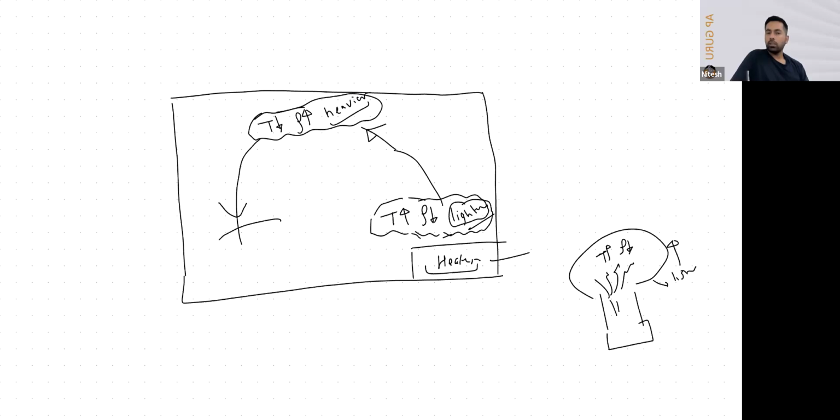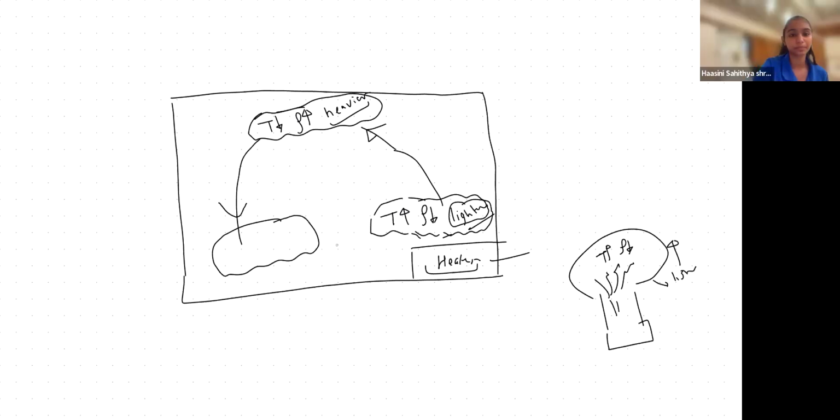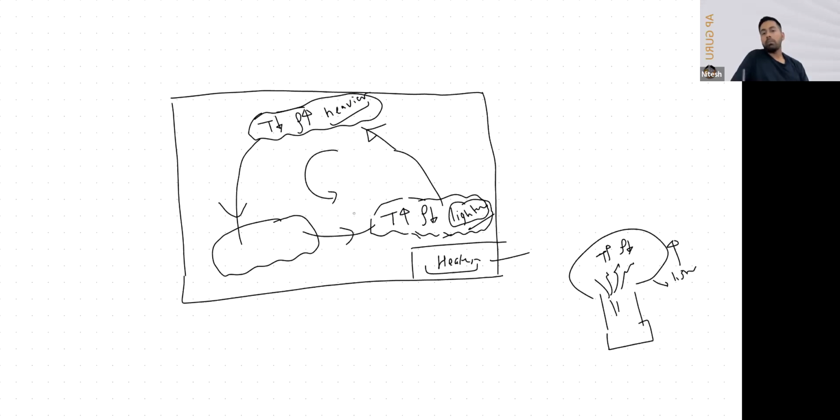Correct? Yeah. So can you see that there is a cycle that has been formed here? You just kept the heater on one part of the room, but there's a complete circulation of the air taking place in every part of the room, right? Yeah. And that's how the convection phenomenon works.